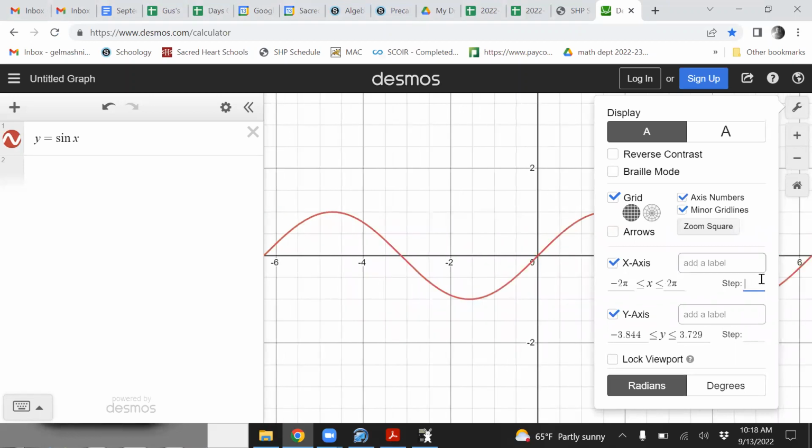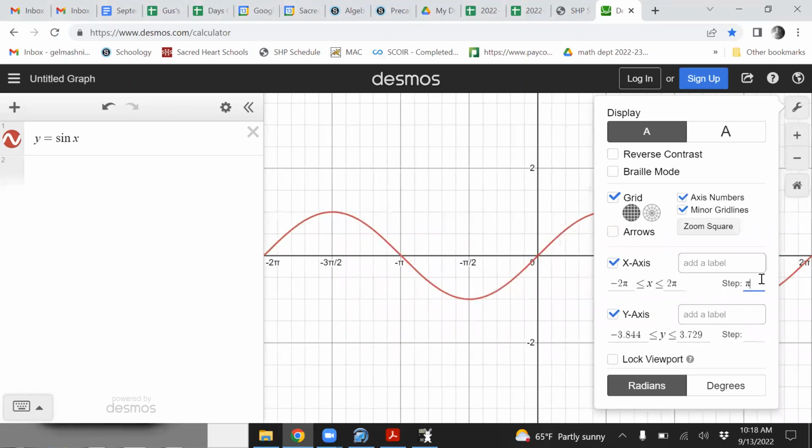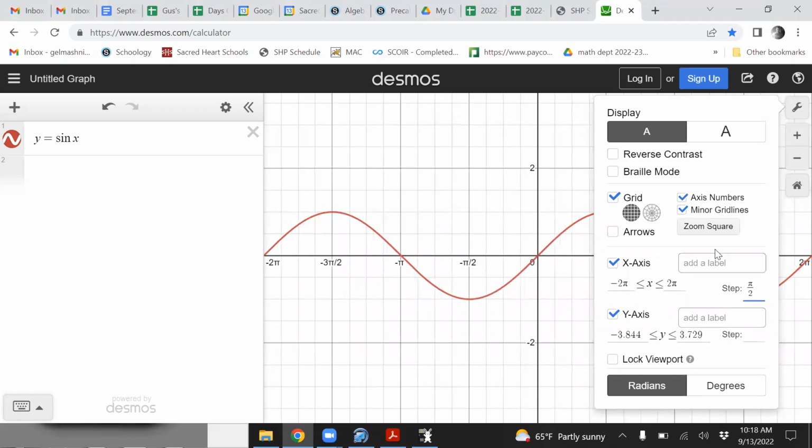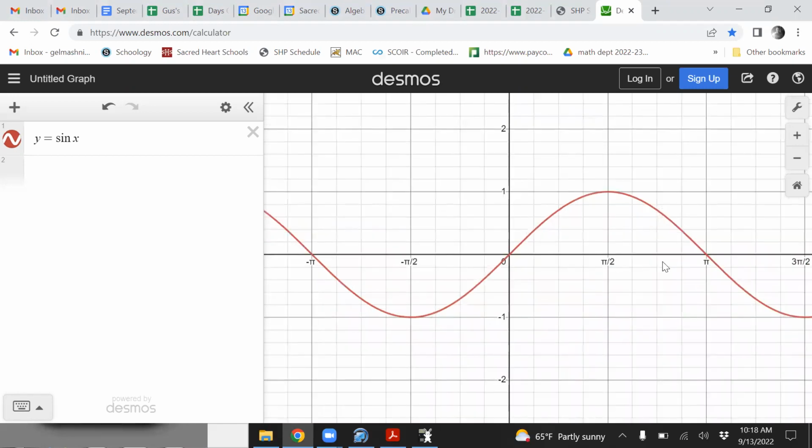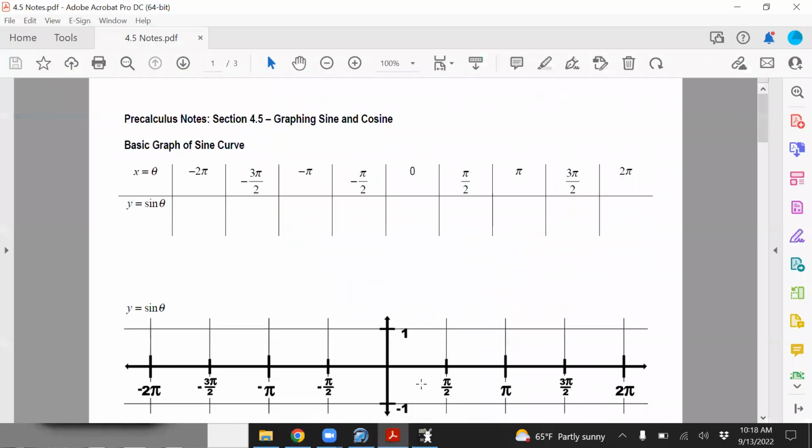My calculus students didn't even know this, so I was a little surprised. Maybe because of the pandemic, they didn't see that. You can change the step, and you can change between degrees and radians if you want to. See how it does a more proper window. And you can see there's a point at pi over 2 comma 1, a point at 0 comma 0, a point at pi comma 0, and so forth. So Desmos is kind of cool.